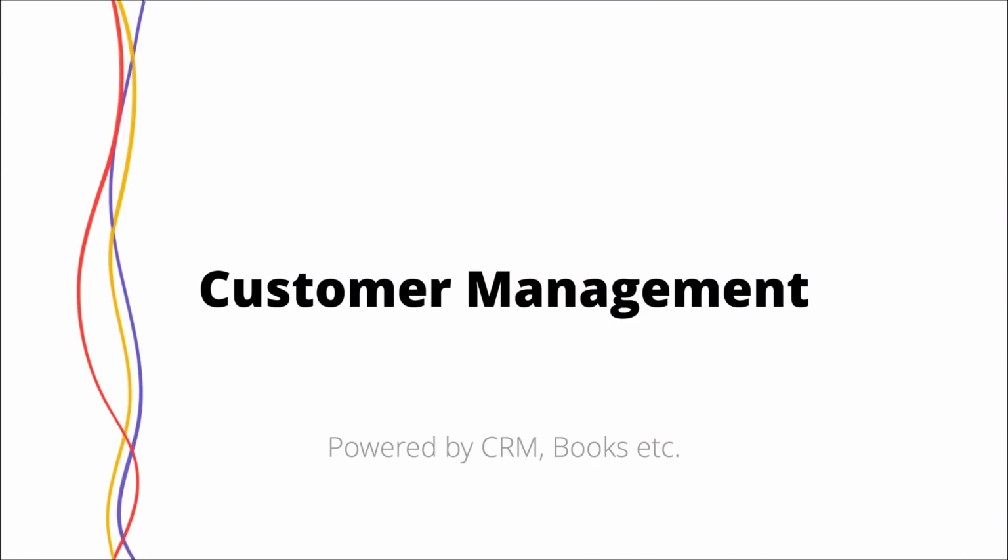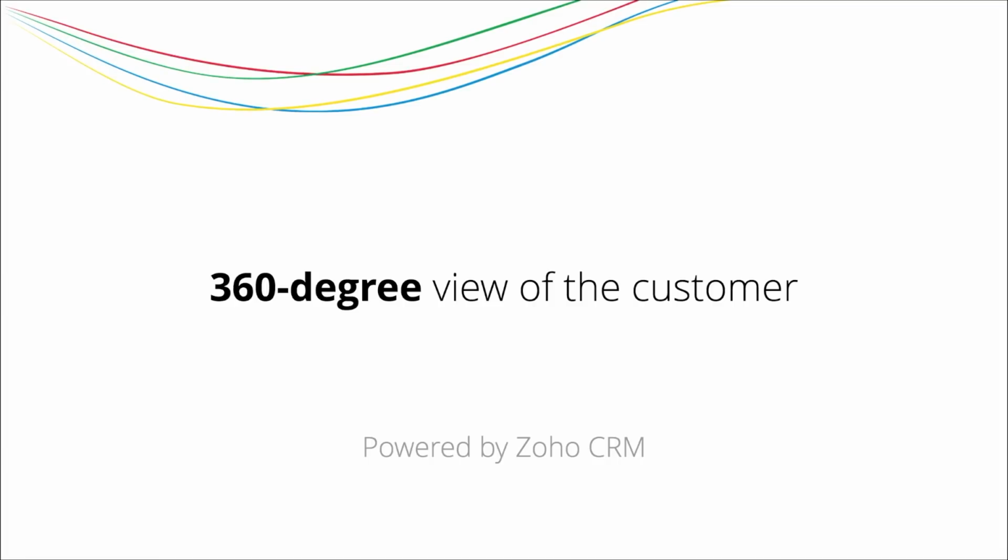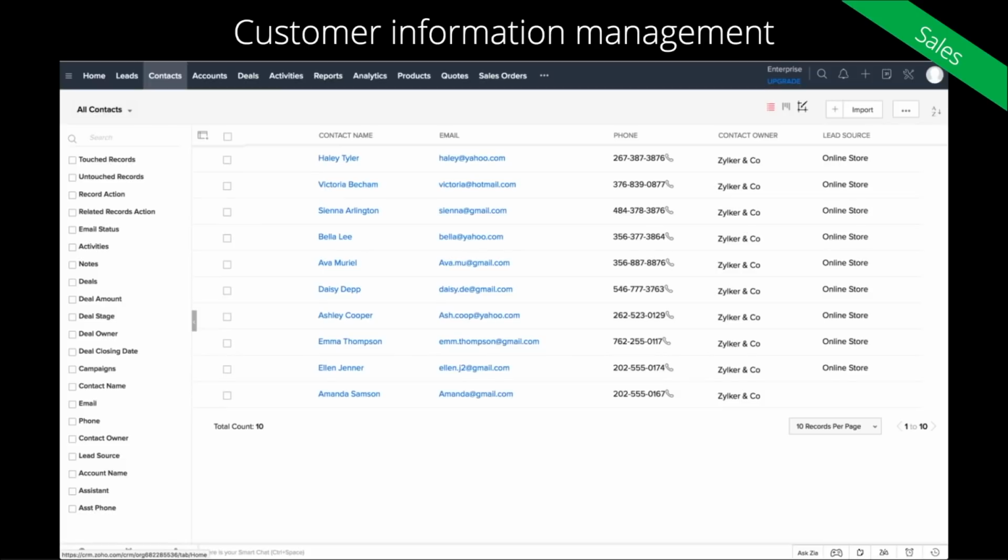The beauty here is, whenever someone places an order, all that information shows up in the CRM, and CRM offers a 360-degree view of the customer, pulling information across the board, across marketing, sales, and support applications, providing a unified view of your customer, and all of this is pre-integrated.